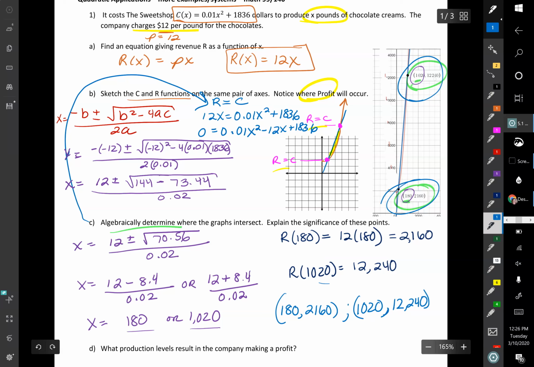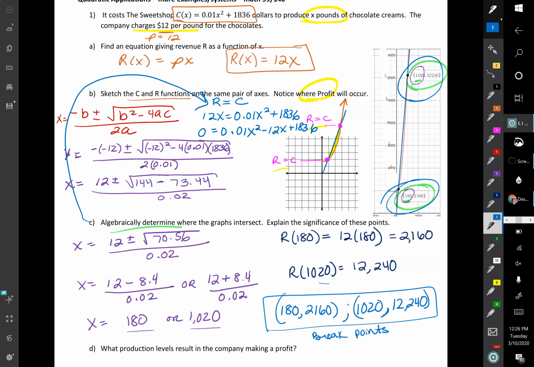Okay. So those are when revenue equals cost. We call those break-even points. That is pretty typical in that context. You could also say when it's zero profit.